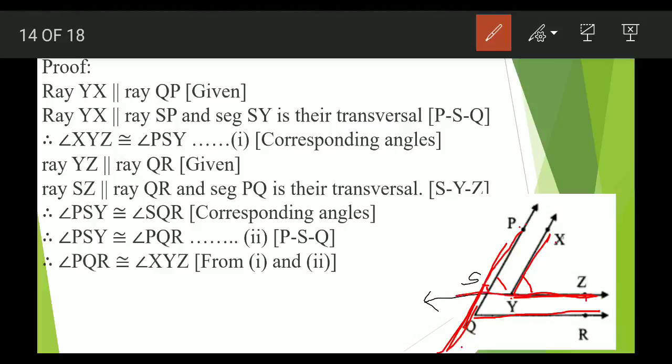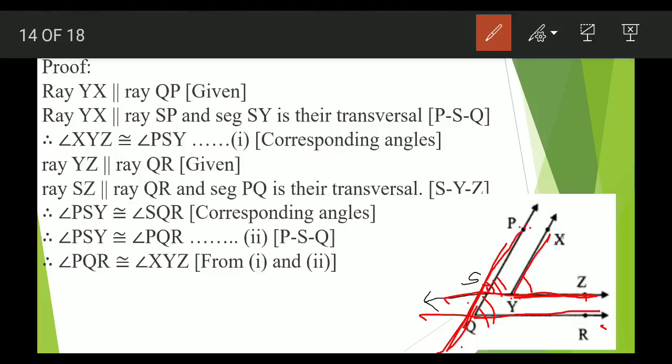Now angle PSY is congruent to angle SQR because they are corresponding angles. Since P, S, Q are collinear, we can write PSY is congruent to PQR.